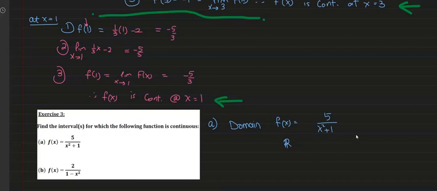We have done this before. If we try to solve x squared plus 1 equals 0, this means that x squared is negative 1, which is a false statement, not true. So it seems that x squared plus 1 is not equal to 0. It will never be equal to 0.